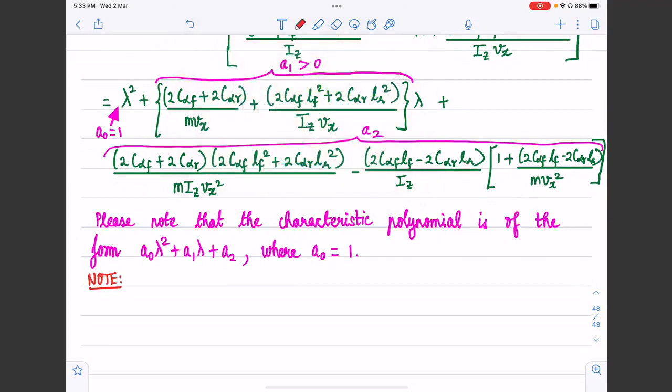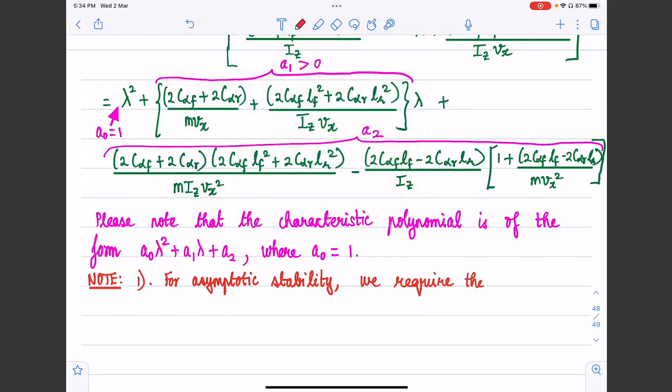So for stability, what is called asymptotic stability, we require the eigenvalues of the state matrix A to lie in the left of the complex plane.